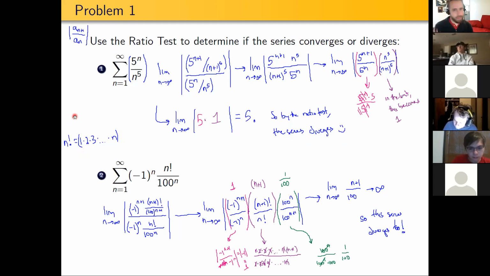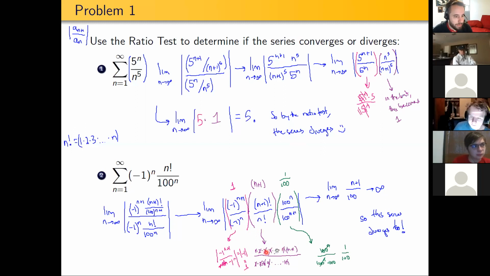I'm not plugging in pi, I'm not plugging in -1, but I'm plugging in like 5 or 50 or some counting number n. So n factorial is all of my numbers 1 times 2 times 3 times 4 up to n, while n plus 1 factorial is 1 times 2 times 3 times 4 all the way up to n plus 1.